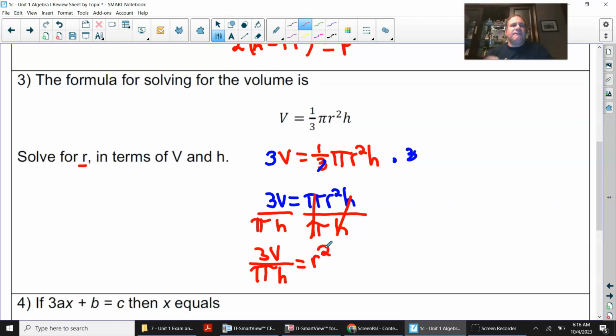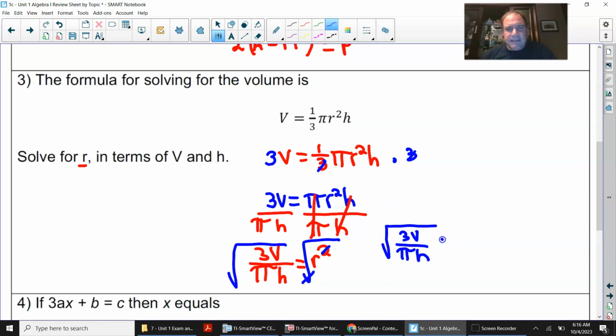The opposite inverse operation to something squared is square root. So at this point, we're going to just square root both sides. This cancels with this. You're going to get square root of 3V over pi h equals r. And that is your final answer.